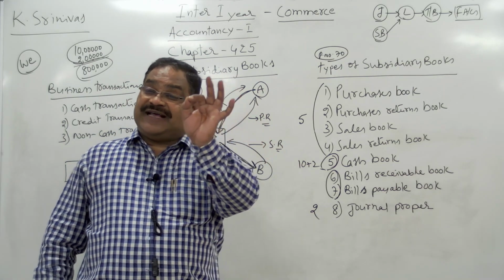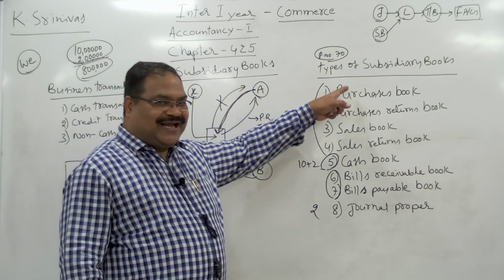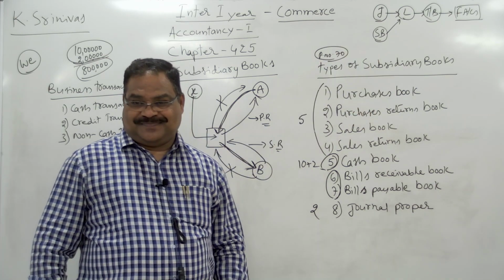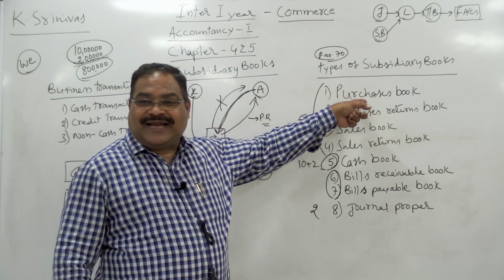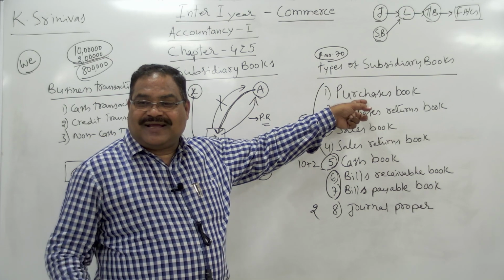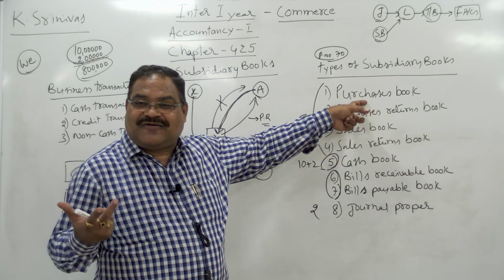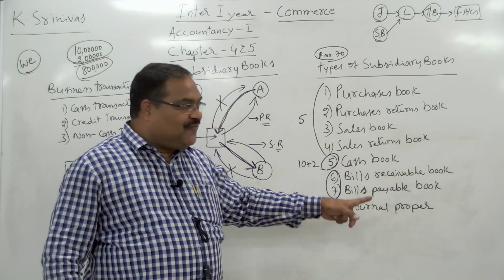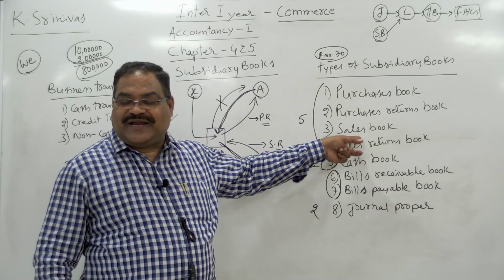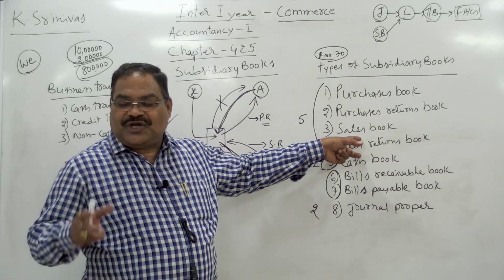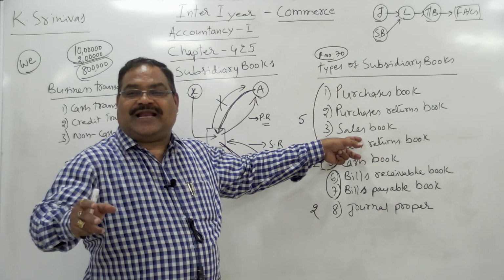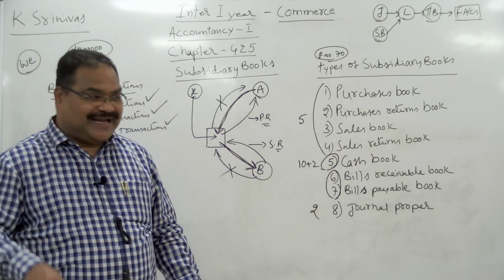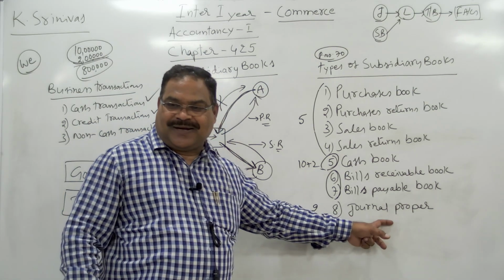Credit purchase of assets. In the purchase book, we have taken credit purchase of goods. Then credit purchase of assets, where should we take it? In the journal proper. Likewise, in the sales book, I said very clearly we should take only credit sale of goods, but credit sale of assets should be taken into the journal proper.